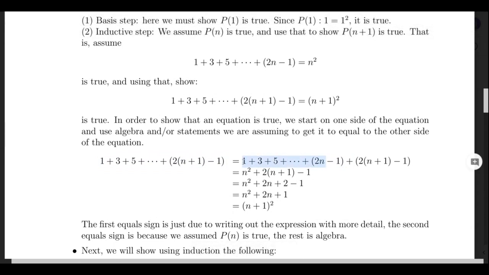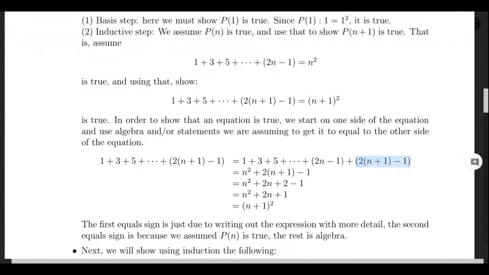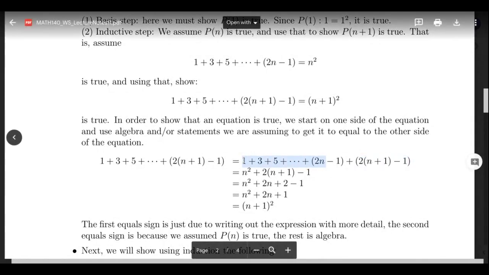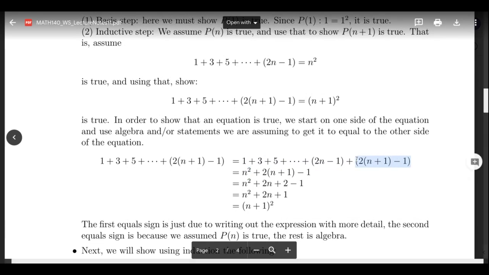Right. So this is the sum of the first n natural numbers. Then this will be n plus 1 odd natural number. Okay. So by our assumption, the sum of the n odd natural numbers equals to n squared. Equals to n squared.